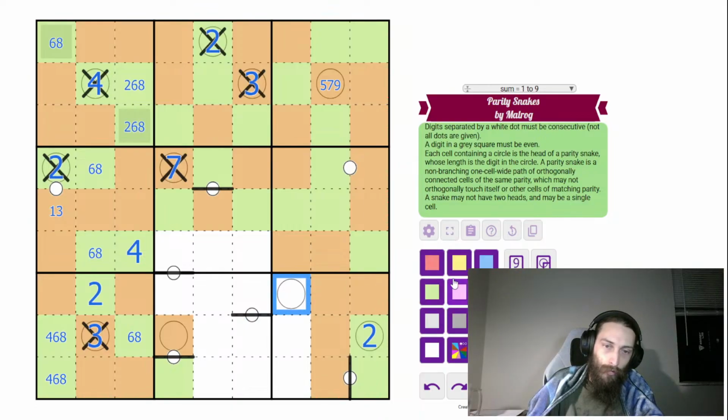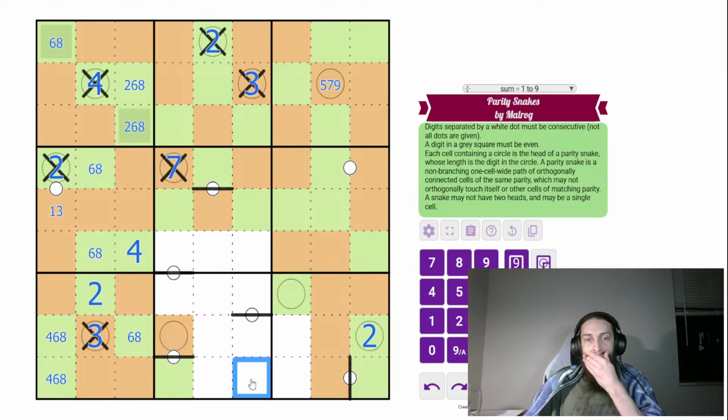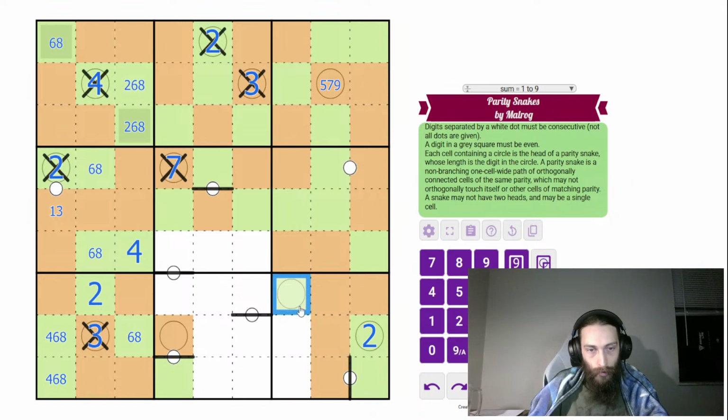Now, this one also cannot be odd, so it's even. Now, it has to be 4, so it's going to do some interesting stuff, because if it goes down, it can't go down more than 1 because that completes evens in the column.